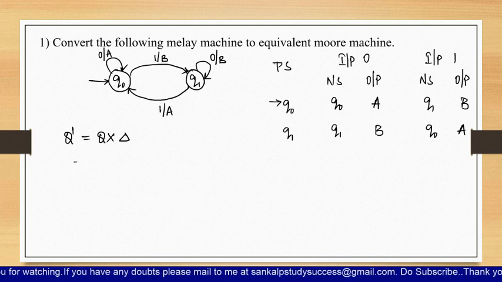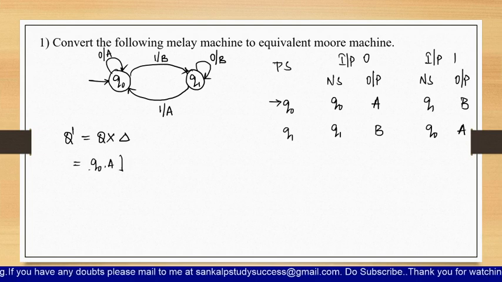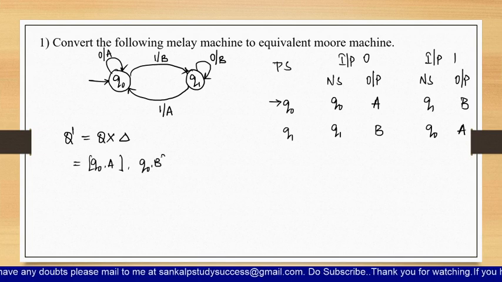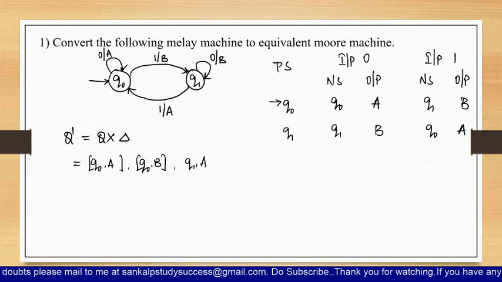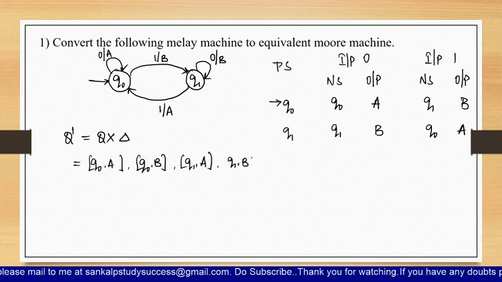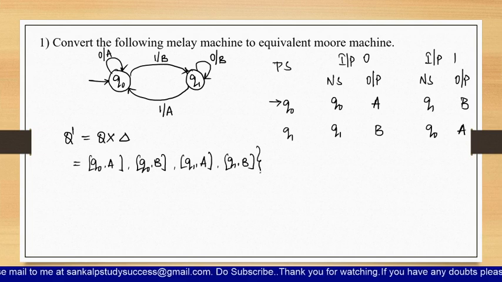So Q dash equals Q0 comma A, which is one state, Q0 comma B, another state, and then Q1 comma A, and Q1 comma B. These are the set of states which we will have in the equivalent Moore machine.